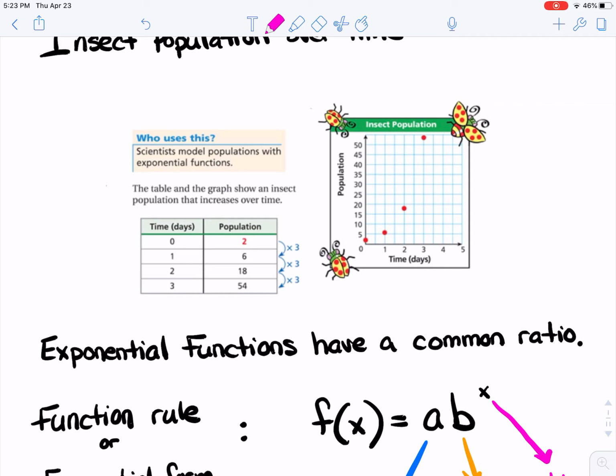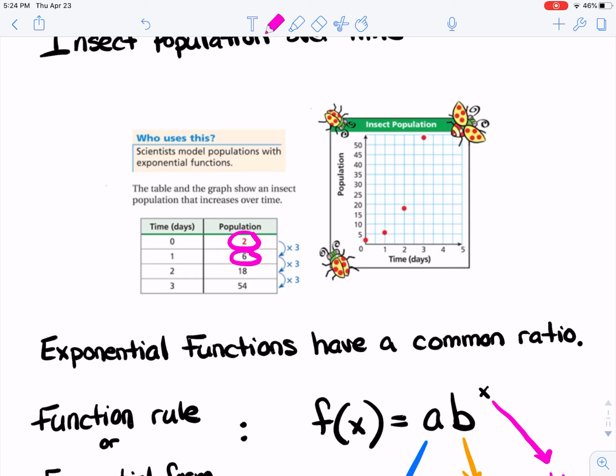Notice that they started out with a population of two: a mommy ladybug and a daddy ladybug, a girl and a boy ladybug. After one full day, now there's 6 ladybugs in the little ladybug habitat.